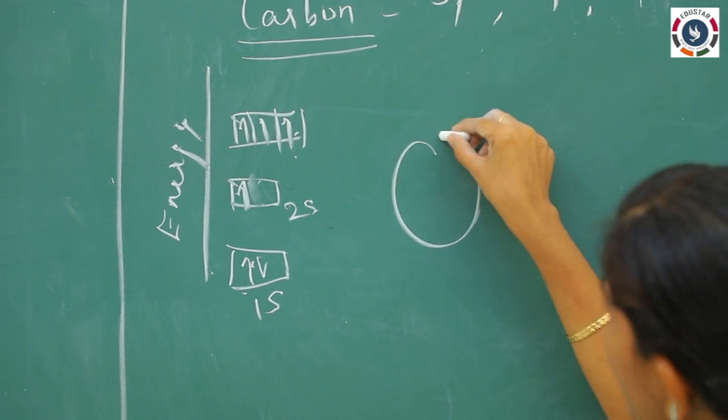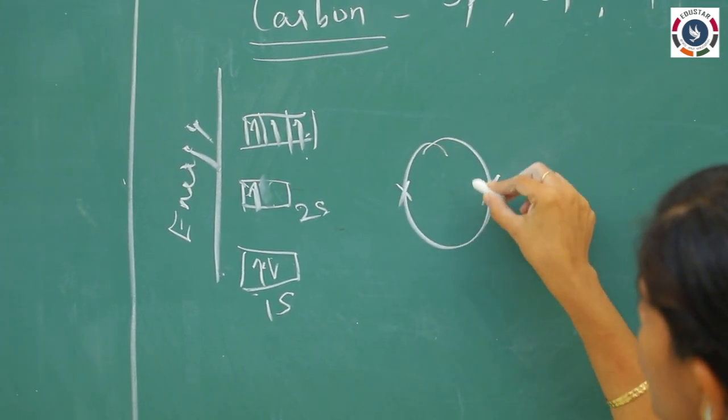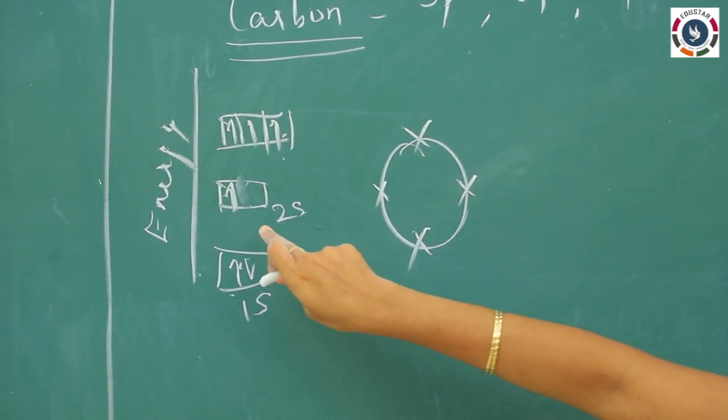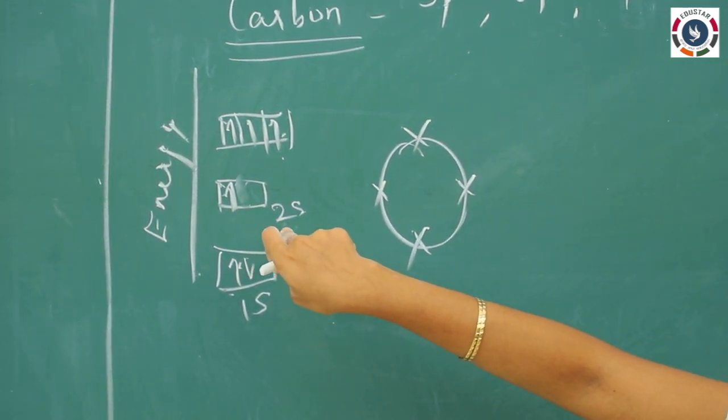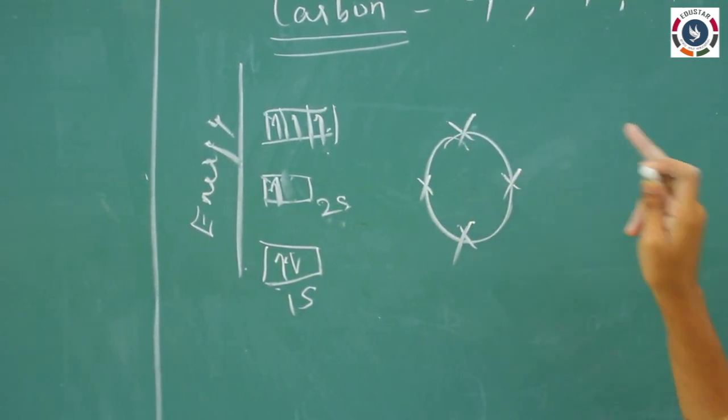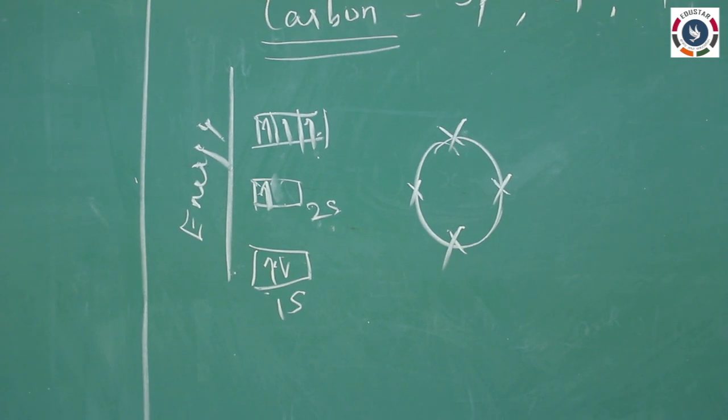So, this is the carbon atom. I am just drawing the outermost shell alone. In the outermost shell there is 1 2s electron and 3 2p electrons. I have drawn 4 electrons in the outermost shell.